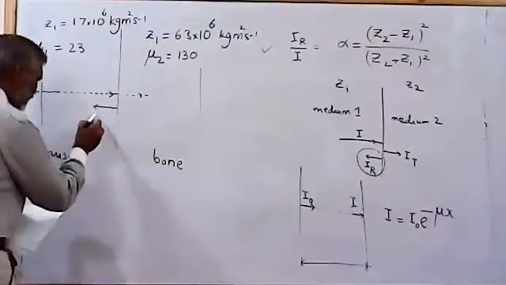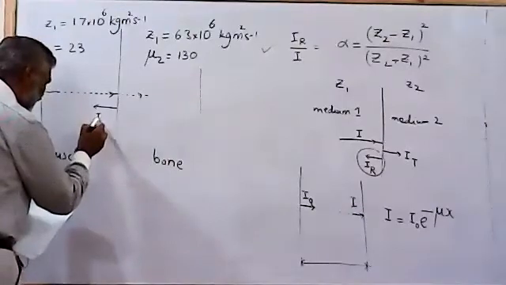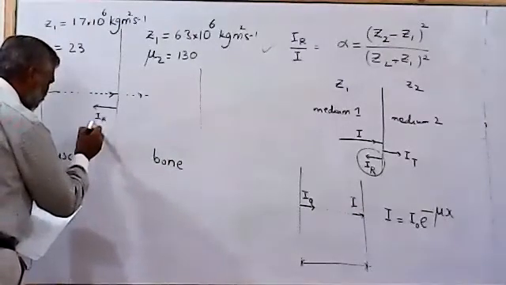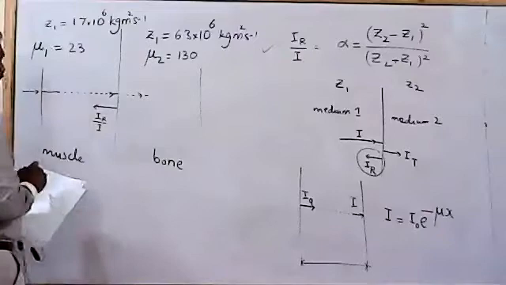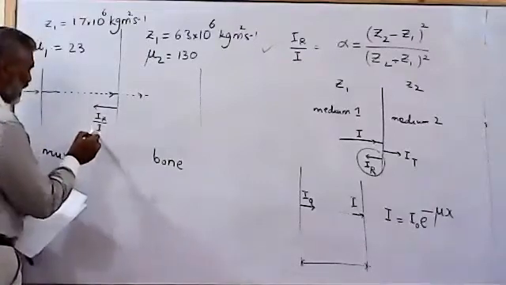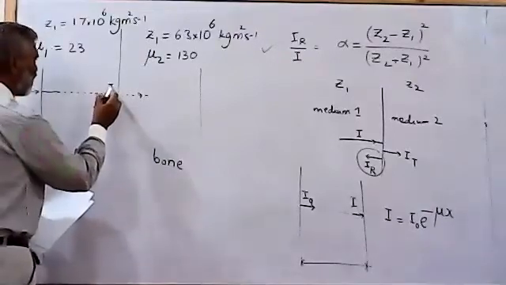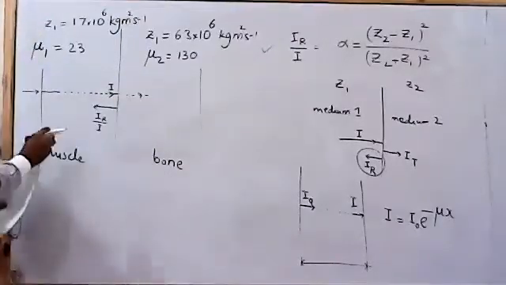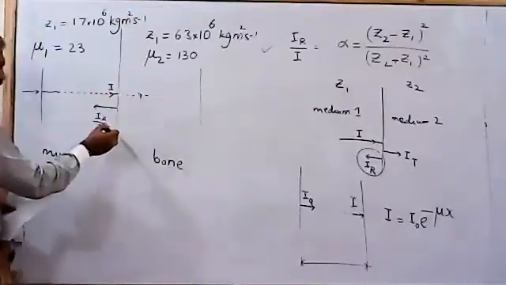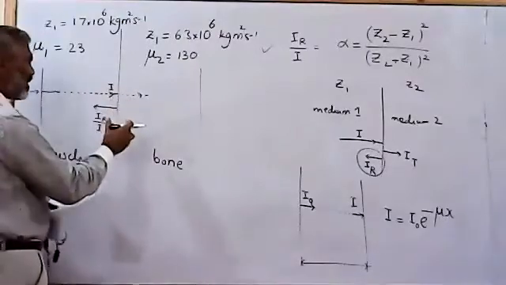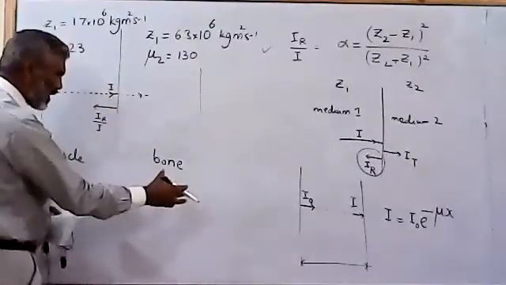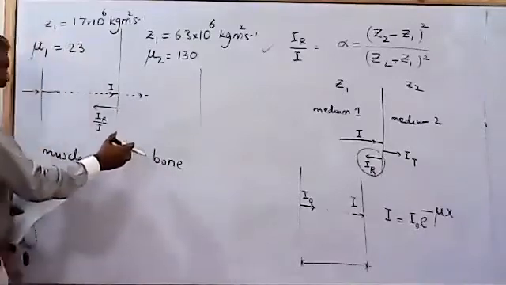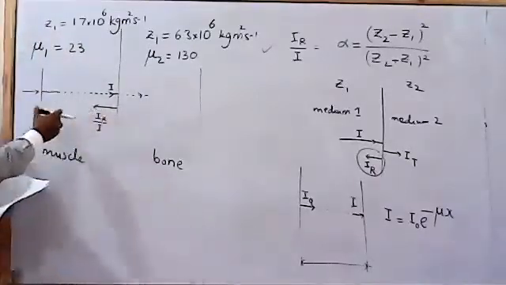So we are basically calculating this amount, IR over I, and this is actually the value of intensity that arrives here. So what is incident at this boundary? Partly it gets transmitted into the next medium, bone, and part of it is reflected back.